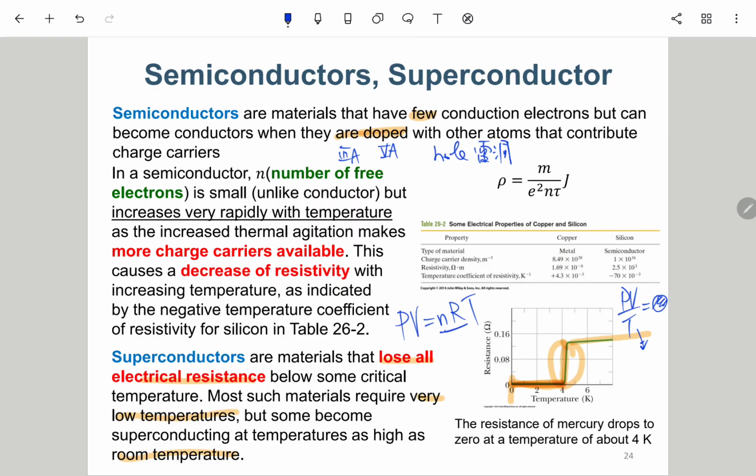So this is the case. You can have a much higher temperature to achieve this superconductor phenomenon, but you need to apply quite high pressure for it.